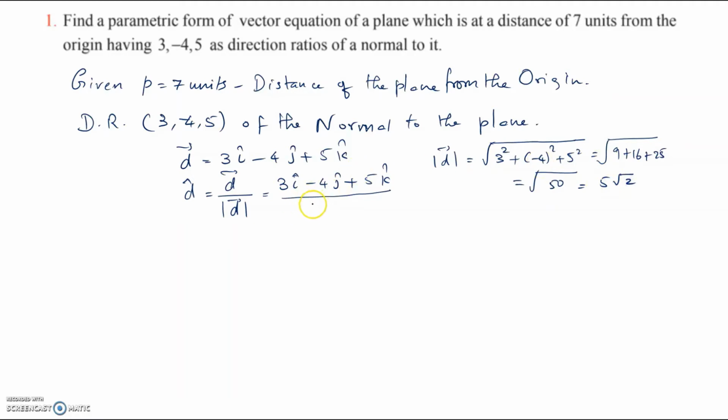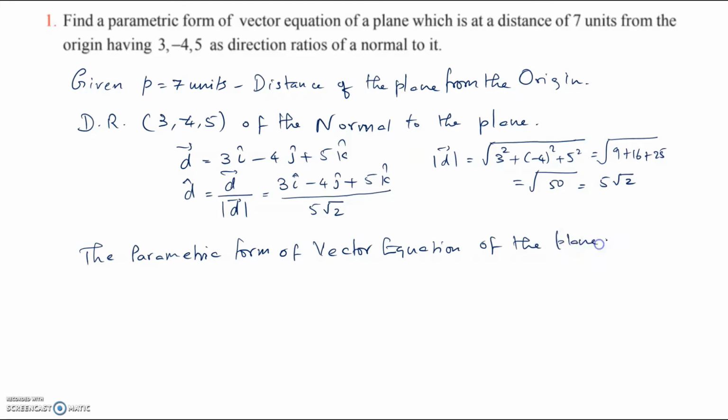So substituting this value, we get 5 times root 2, and the parametric form of vector equation of the plane is r vector dot product with D cap is equal to P. We have P as 7 and D cap as this.